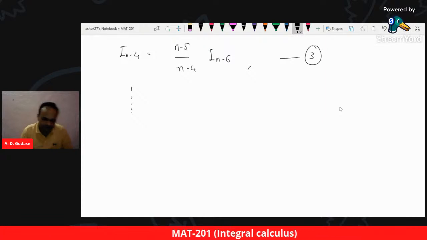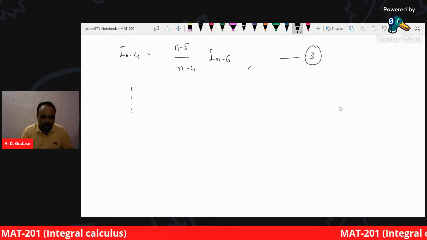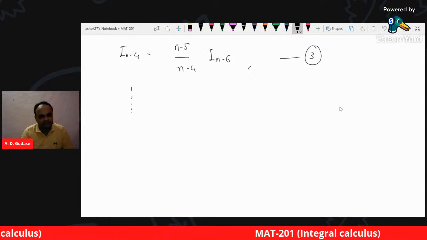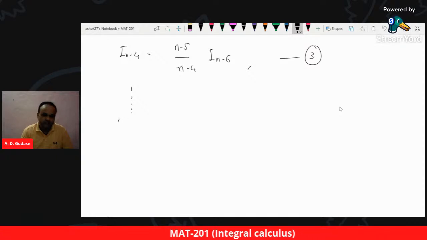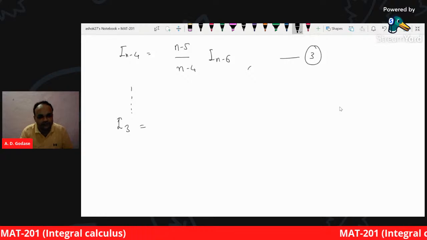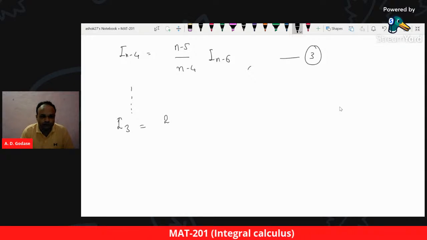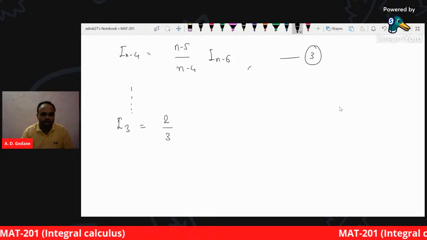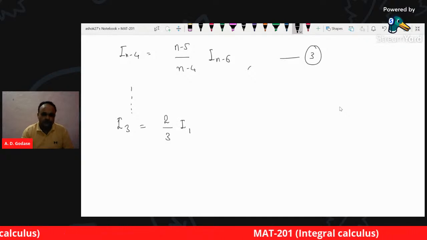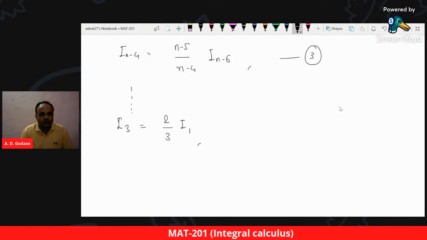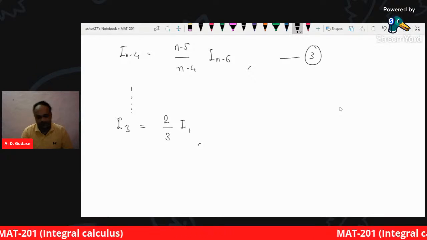If I replace n by 6, I will get I2 equal to something, and if I replace n by 7, I will get I3 equal to (7 minus 5) divided by 3, that is 2 divided by 3, times I1. Is it okay? Here I'm putting n equal to 7, which means the resulting integer is an odd integer.